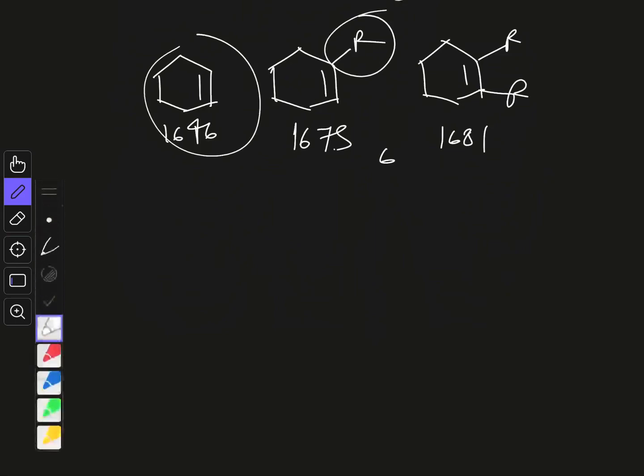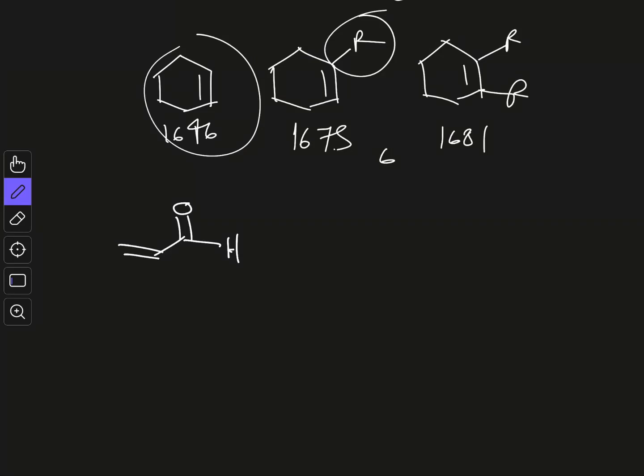The effect of conjugation is again very important, and let us take two examples. Say you have one aldehyde where the double bond is directly conjugated to the aldehyde, and another case where the double bond is far apart from the aldehyde.